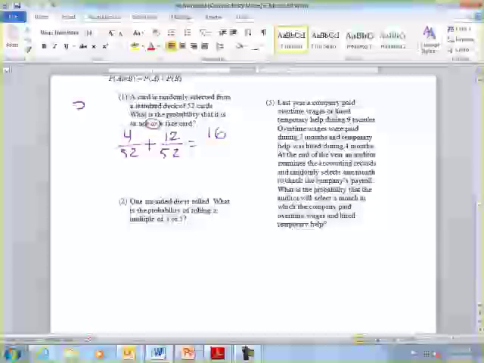So we can add those together and get 16 out of 52. So these two events are mutually exclusive. There's no way that I could pick out one card that meets both of the criteria. It can't be an ace and a face card. We always want to reduce our final answers. Those both reduce by 4 to give 4 out of 13.